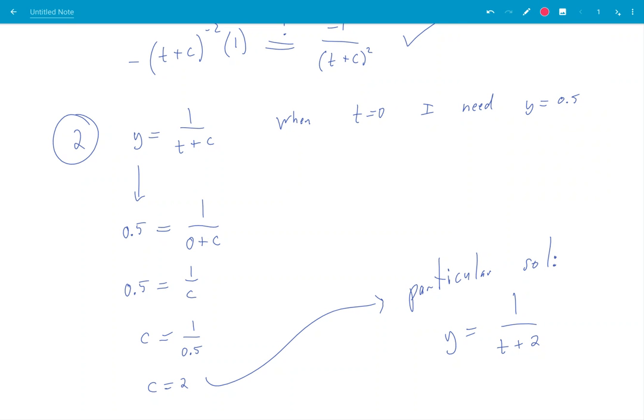Okay, so again, this is a general solution, since c is not specified, so the opposite of specific is general. But here I have specified what c is. So this is a specific solution, or the word we use is a particular solution.